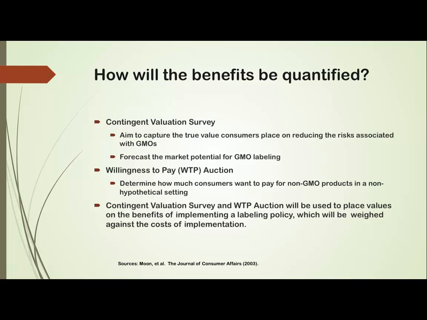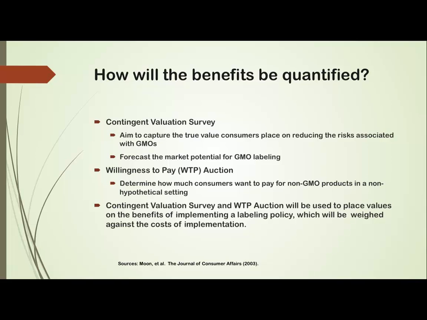Contingent valuation surveys have been historically used to quantify non-market values such as the environment. In this study, contingent value studies will be sent out to randomized households and administered over the phone to randomized telephone numbers. The goal of the survey is to capture the true value customers place on reducing the risks associated with GMOs and to forecast the market potential for GMO labeling.